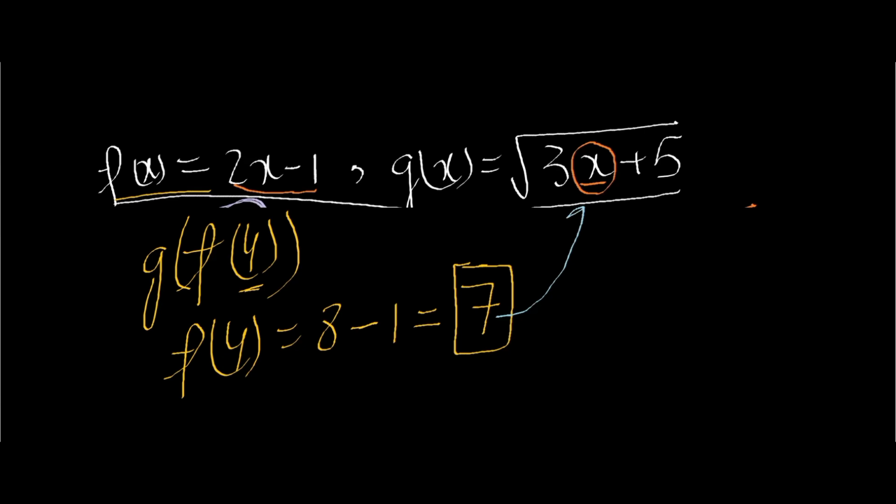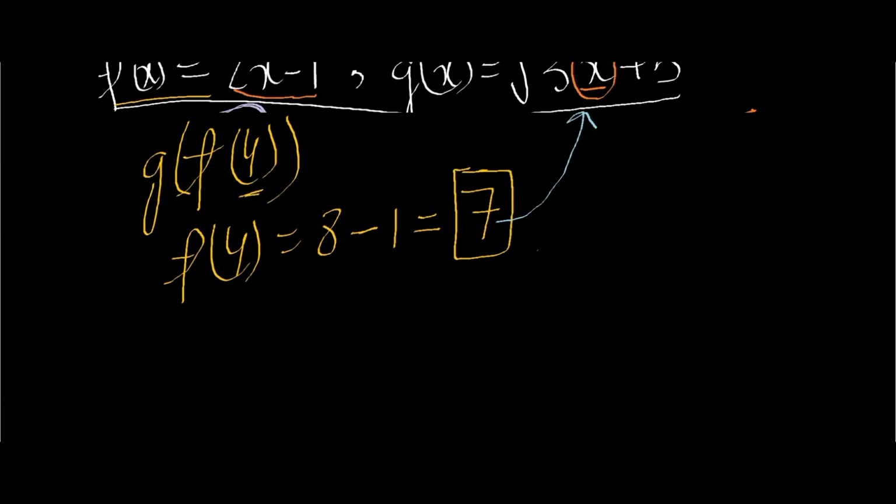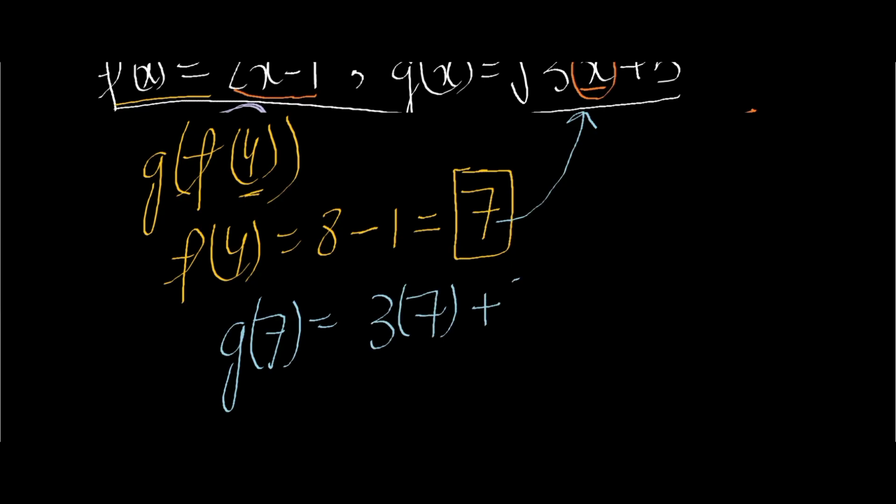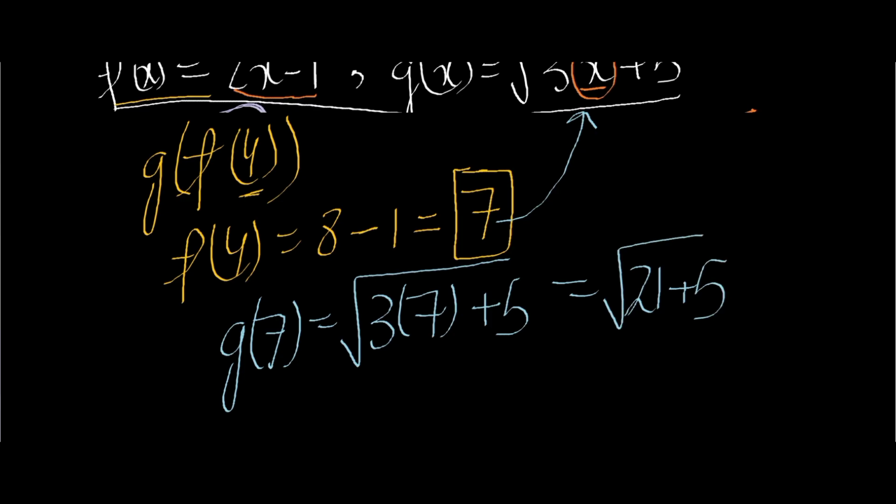So I'm going to put 7 in the domain of g of x. This is 3 times 7 plus 5. 3 times 7 is 21, plus 5, so g of 7 equals the under root of 26.